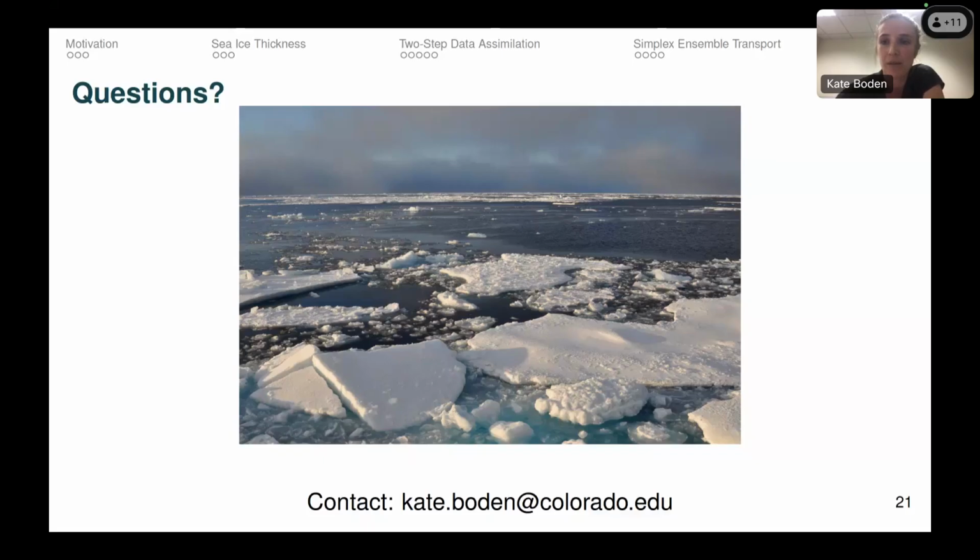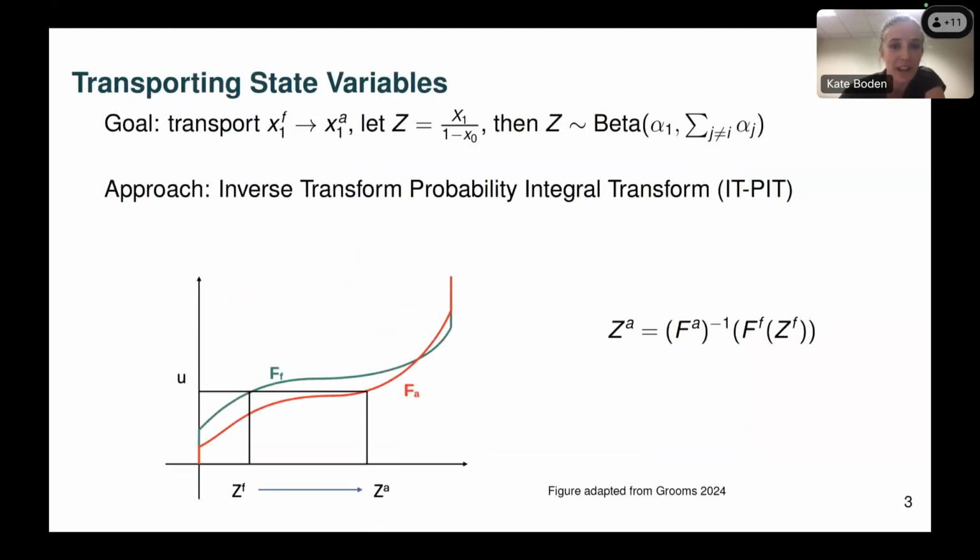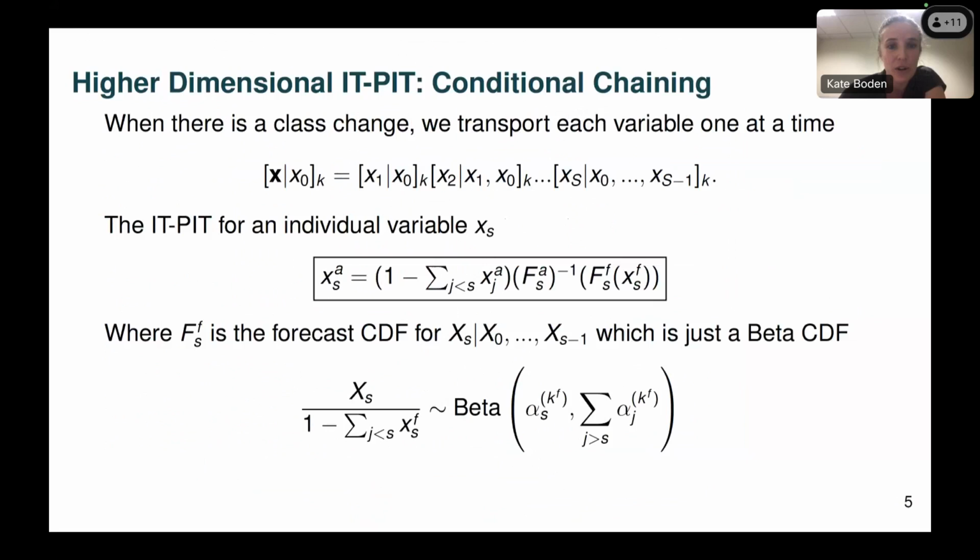Okay, thanks. There's actually a couple of questions that I see. So Javier asks, did I understand well that you use a multivariate integral transform at some point in the algorithm? Yes. I have some extra slides here.